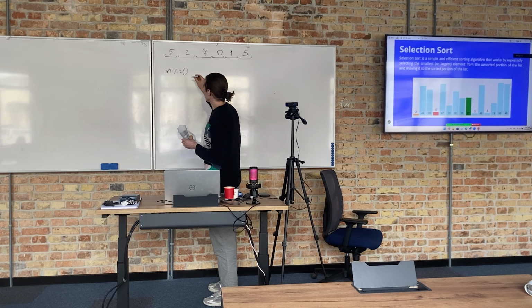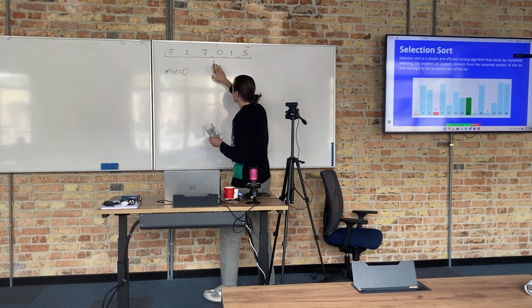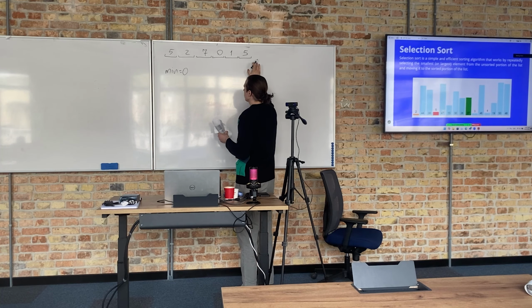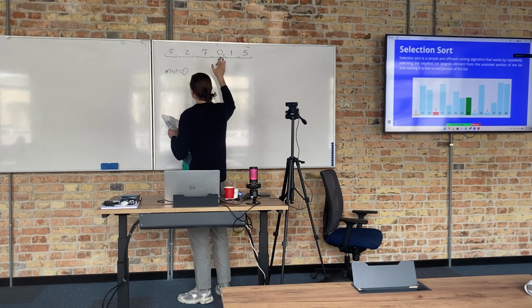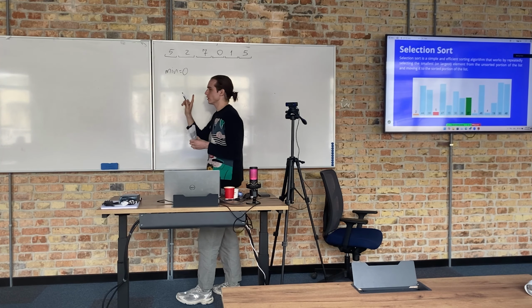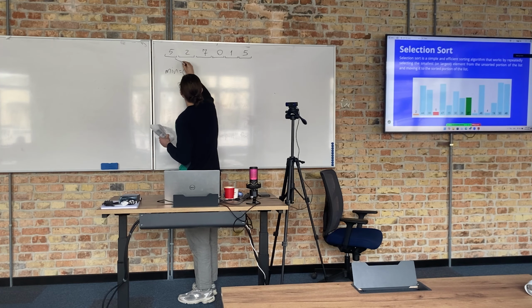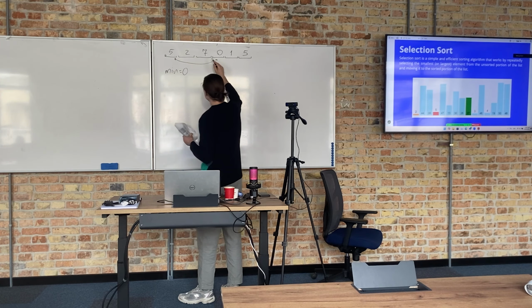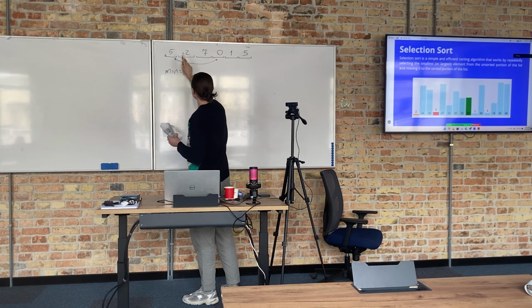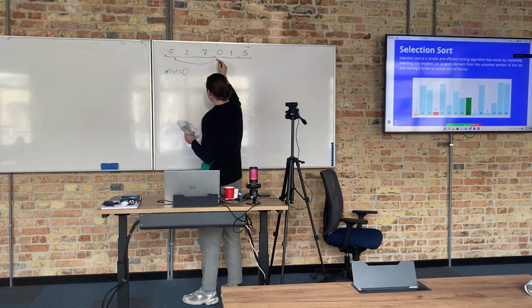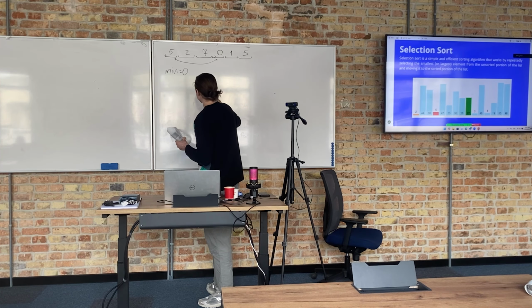And after we traverse this array, we swap elements only once. We swap our current element and our min element. So in this situation, we swap the element with index 0 and the element with index 3, our minimum element.